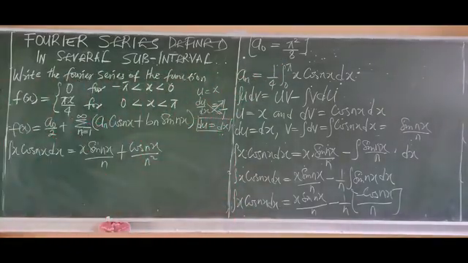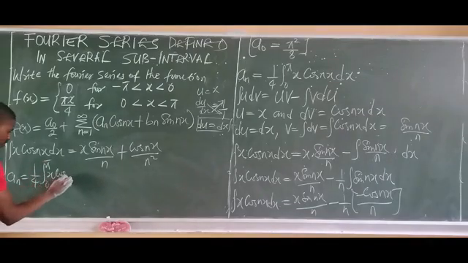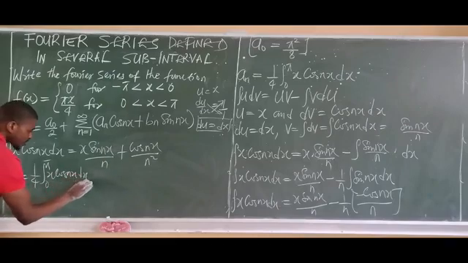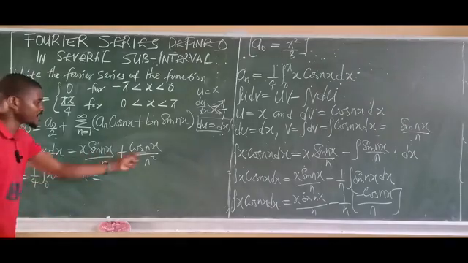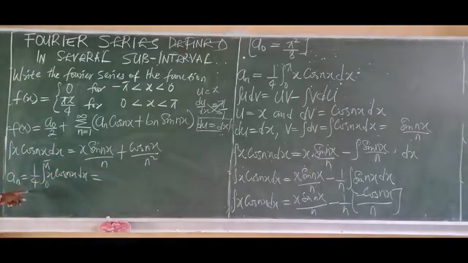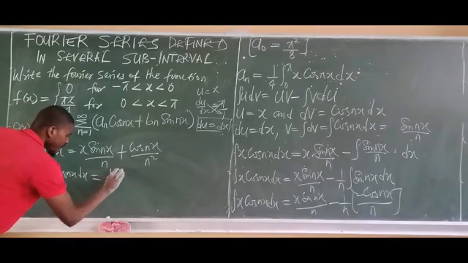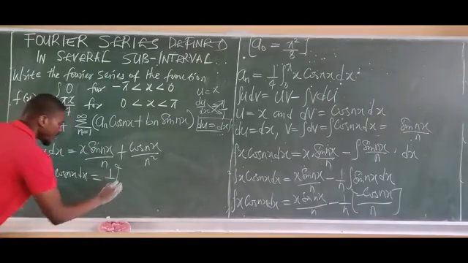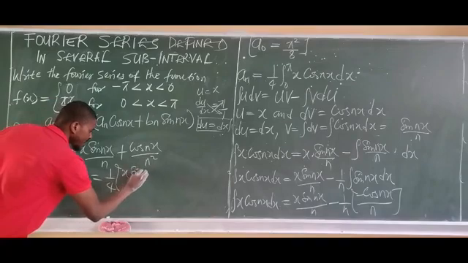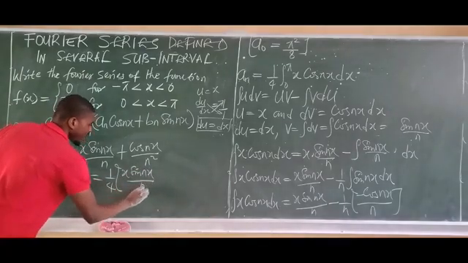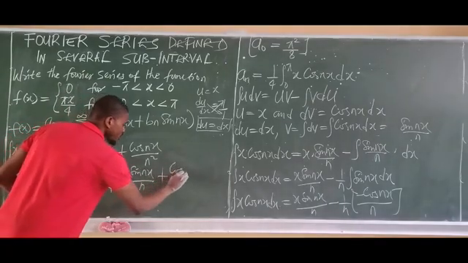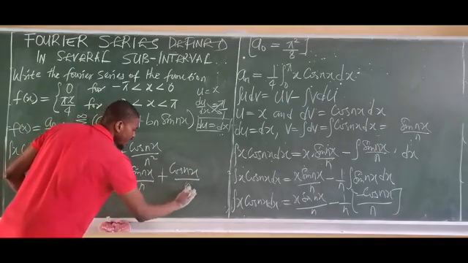An. Therefore, an is equal to, remember, 1 all over 4 integral from 0 to pi of x cos nx dx. Which means we are going to be multiplying this result by 1 over pi. So you have 1 all over pi multiplying all through by x sine nx all over n plus cos nx all over n squared.